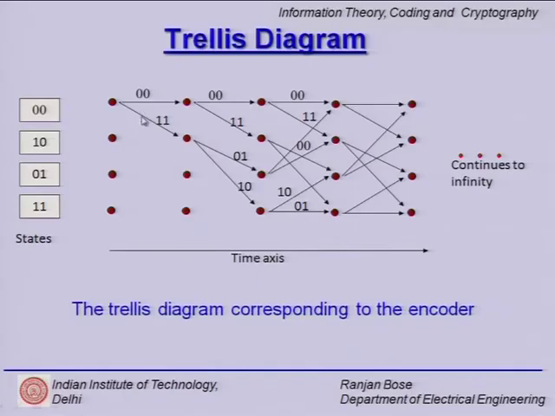For 0 it is going to next state 0 0, but for the incoming bit 1 it may go to 0 1 or 1 1, that is what I am asking. Yes, it is possible that we can have a connection between this node and this node, but then there will be no connection between this node and this node. The point is, no node is holier than the other node.